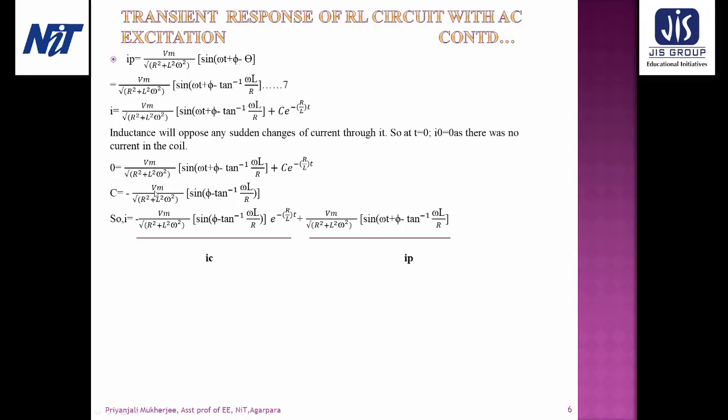So this part is the value of C, and the overall response I is the summation of this complementary function IC plus IP, and IC is the C into e to the power minus r by L into t plus the IP, that is Vm by root over of r square plus L square omega square into sine of omega t plus phi minus tan inverse omega L divided by r. So the overall response of the system is the transient response plus the steady state response.